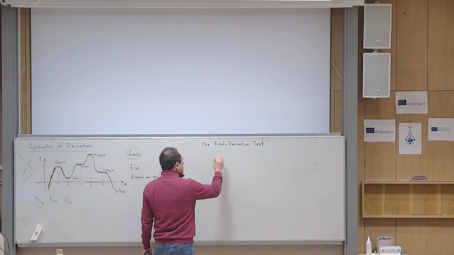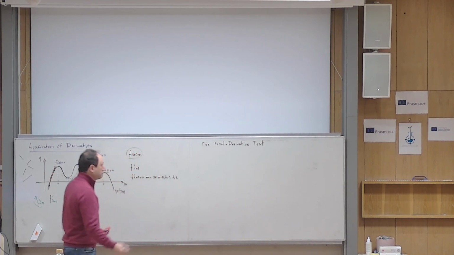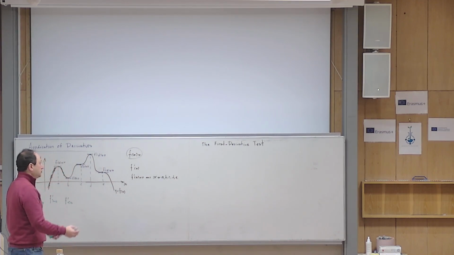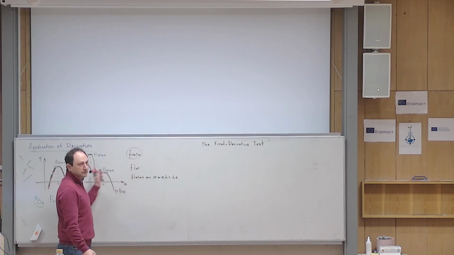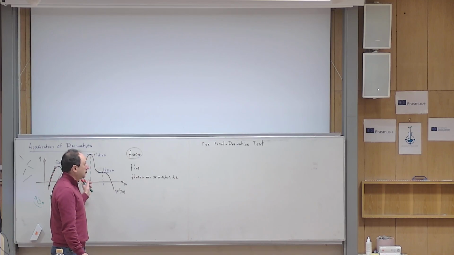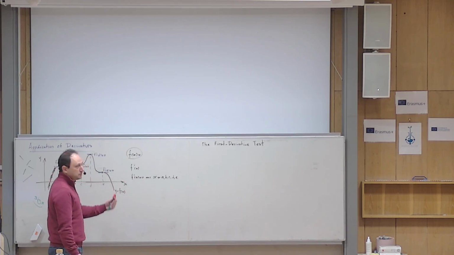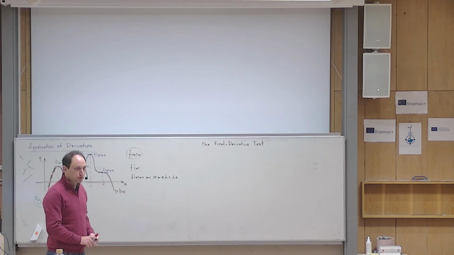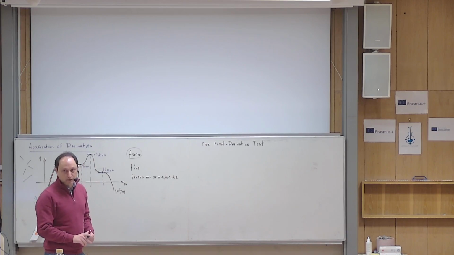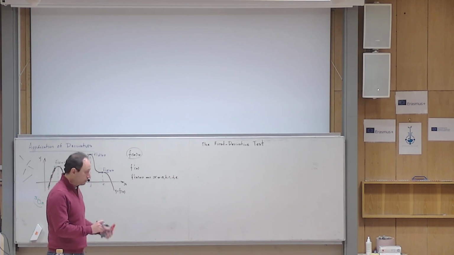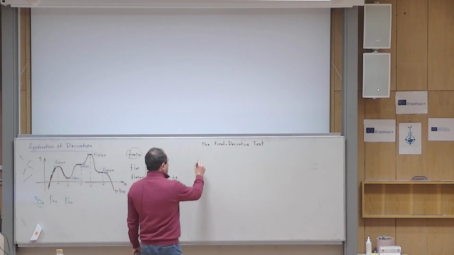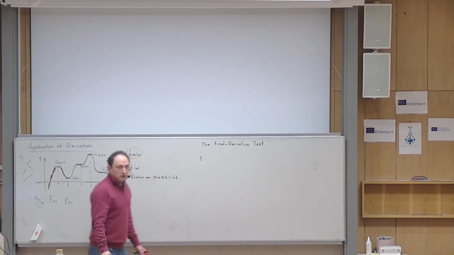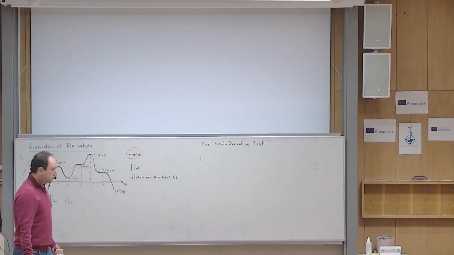Now I want you to tell me algorithmically: I give you a function with a rule, you don't have access to the graph, and I want you to follow steps like an algorithm so that at the end you have the extreme points of your function, and of course terrace points, if any. So what is the first step we do? Take the derivative.